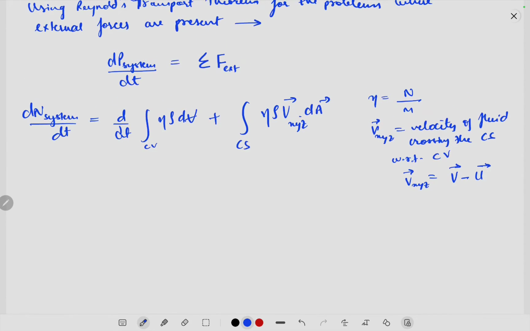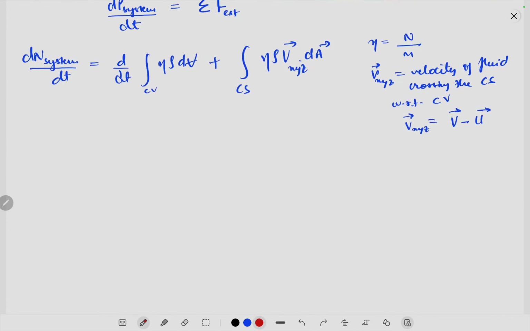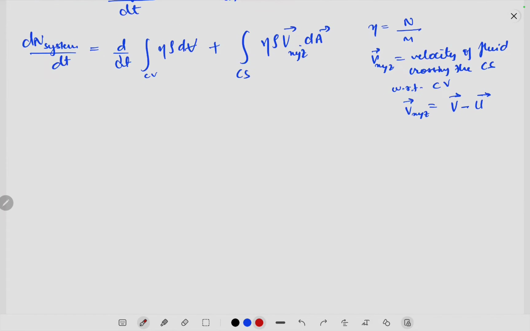Now this N system, this extensive property, is my linear momentum P. All right. So then what will be eta for this case?